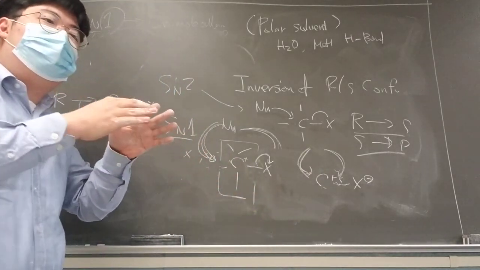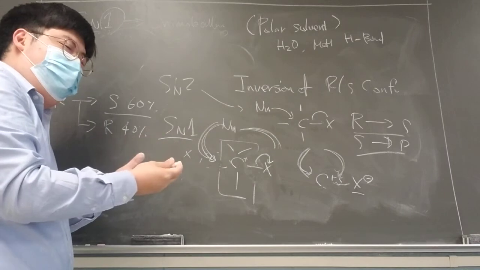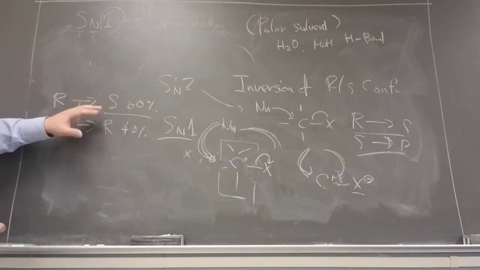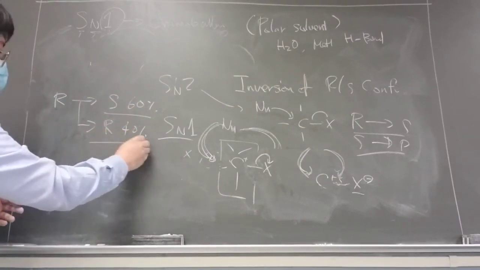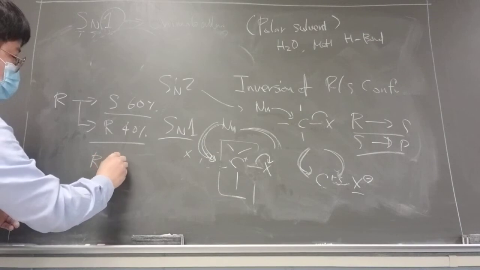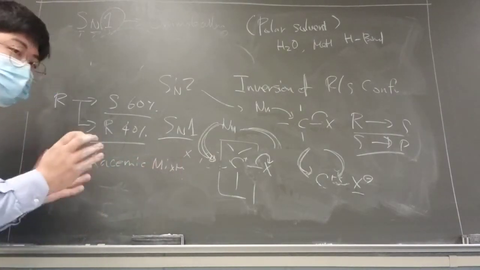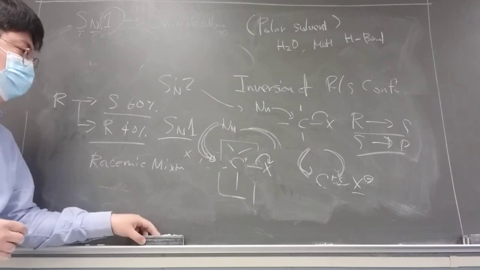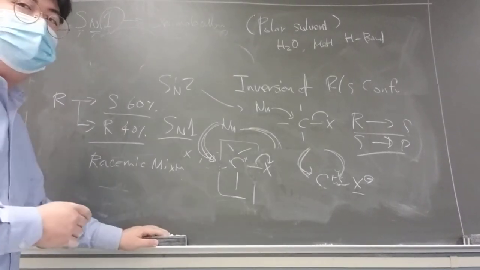Even though there will be some space available, this side might still hang up a bit more. So in real time, this might slightly favor inversion, but it has to be a racemic mixture. It's not always going to be inversion like you saw in SN2, because of this. Makes sense, right? Okay, can I move on?